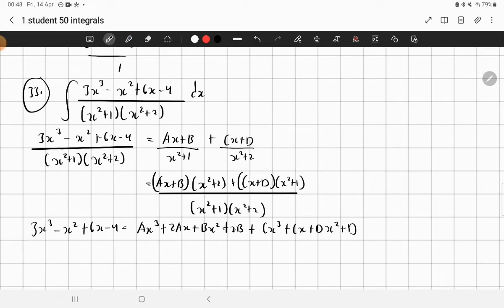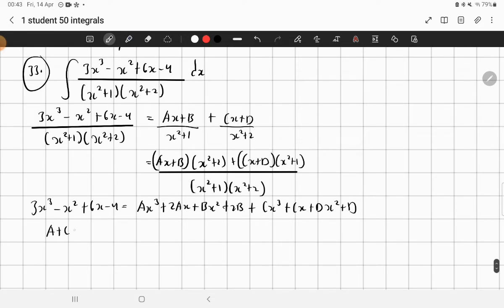And now by comparing the coefficients, a plus c is 3, and then b plus d is equal to negative 1. 2a plus c is equal to 6, and then 2b plus d is equal to negative 4.